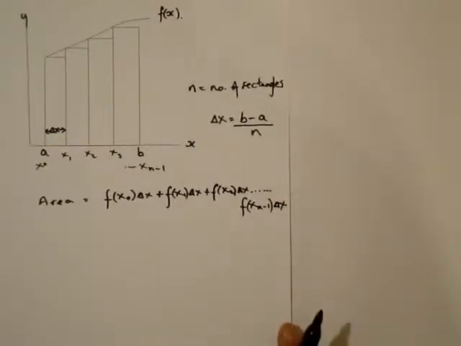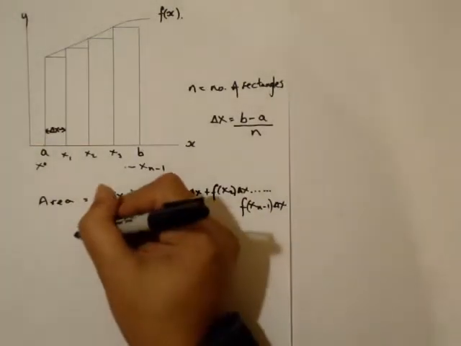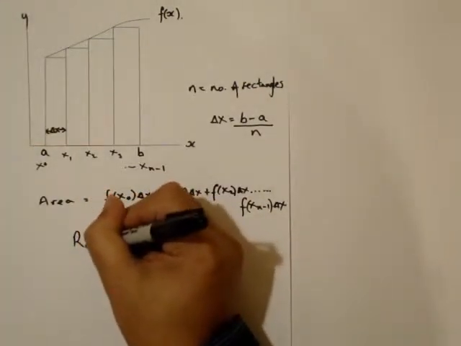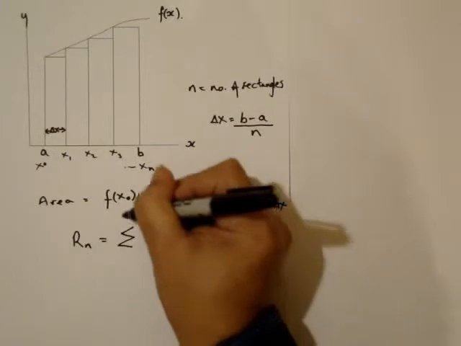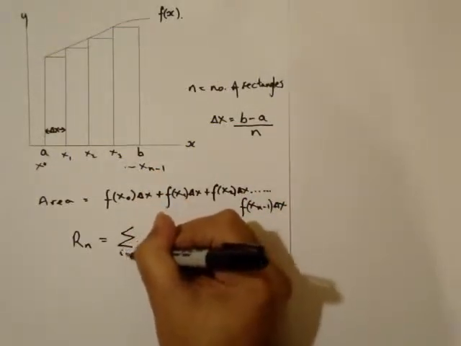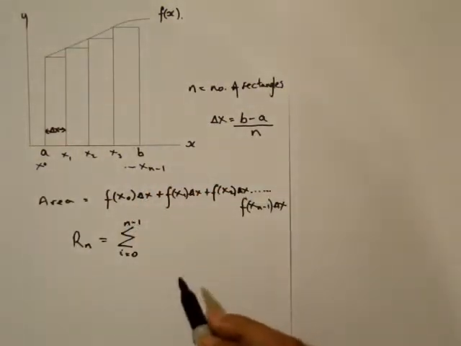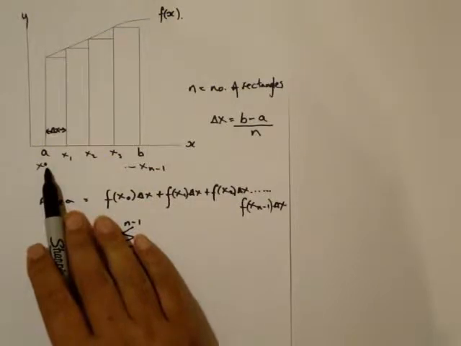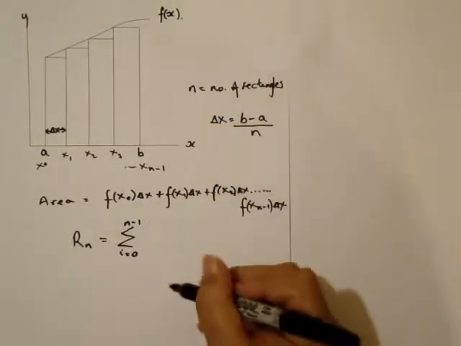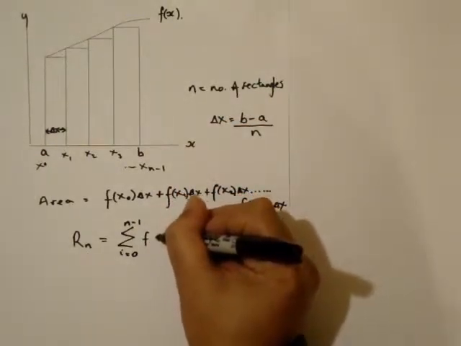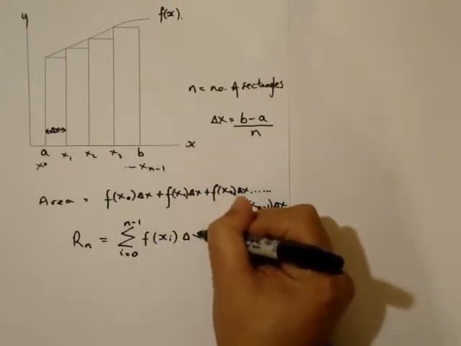We can sum this up in something called a Riemann sum, which is Rn, and this would equal the sum where i equals 0 to n minus 1. So we're starting off here at 0 and we're going to finish at n minus 1, f of xi delta x.